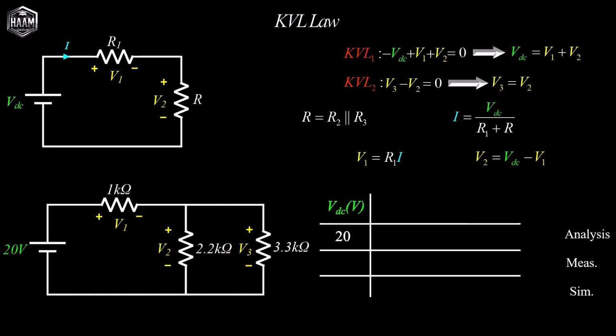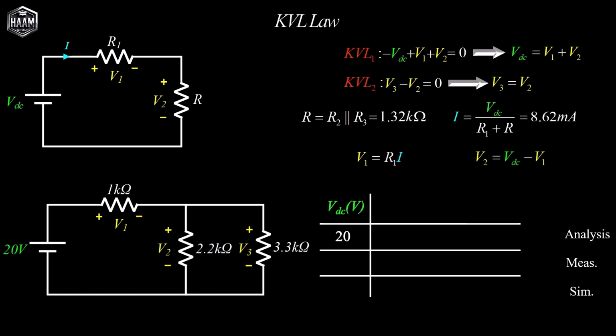If we now perform the measurements, we can confirm them using the theory developed here. Our V sub DC is 20. We calculate the R value. It equals 1.32 kilo ohm.